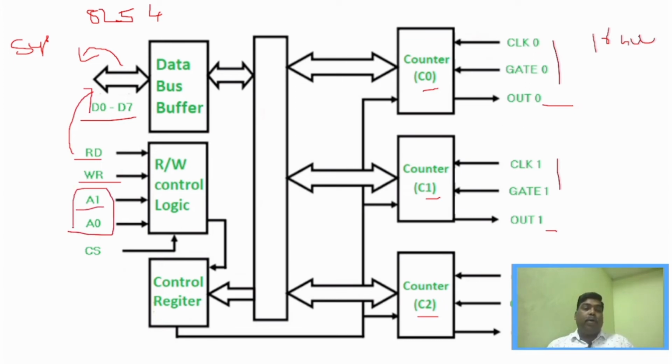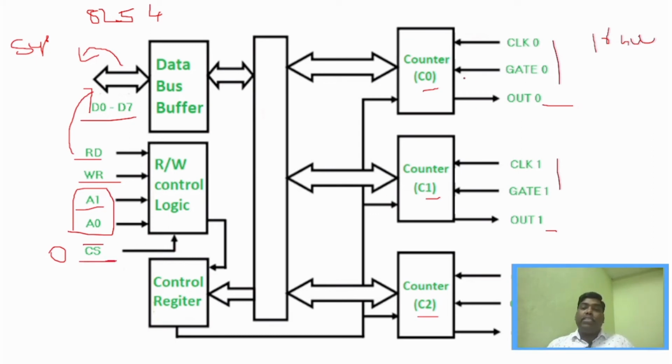This plays a very important role, whereas A1, A0 is used to select which counter, whether you want to select counter 0, counter 1, or counter 2. That will be decided based upon the values of A0 and A1, right? And CS is nothing but chip select, which selects this particular chip whenever it is active low, that is 0, right? When it is 0, this 8254 chip is selected. If not, this 8254 is not selected. It is based upon the CS value, right?